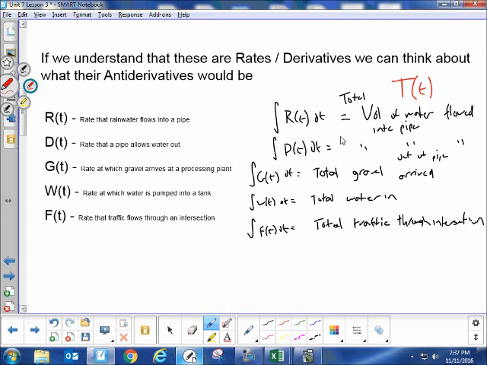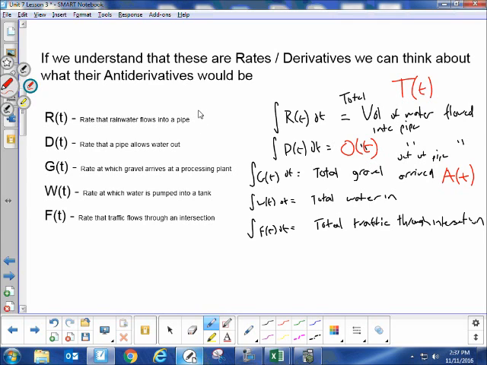If you have the rate at which water is flowing out of the pipe, you can say O of t is the total amount of water out of the pipe. Rate at which gravel is arriving, I don't know, A of t could be the total amount of gravel that has arrived.